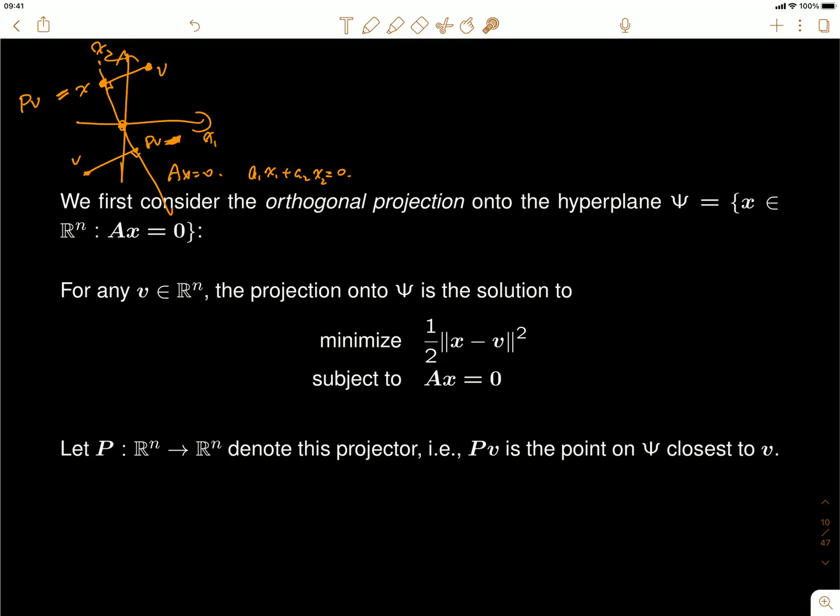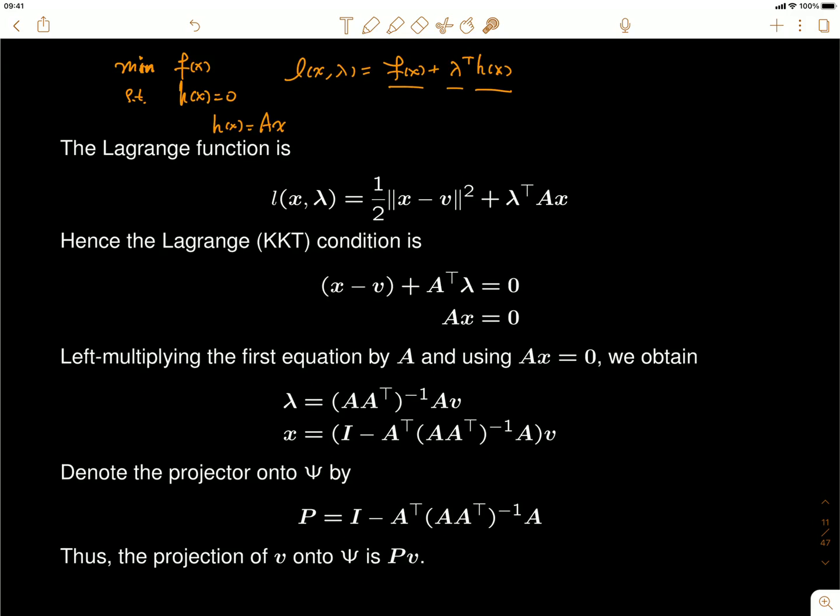We take the Hessian of this, and it becomes the identity matrix, which is always positive definite. We know that in this case, the problem has a unique solution. If you can find a point x that satisfies the constraint, then it will be the only solution, since the objective function is strongly convex. That's the case here as well.